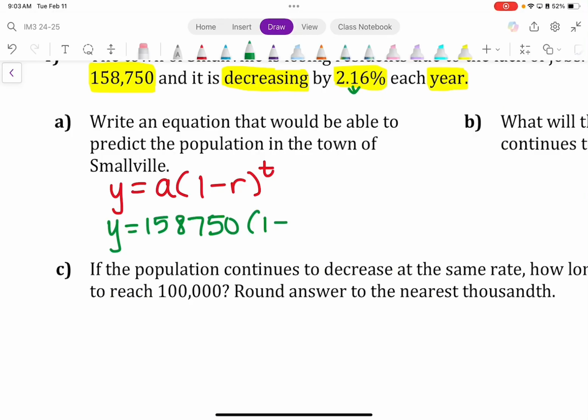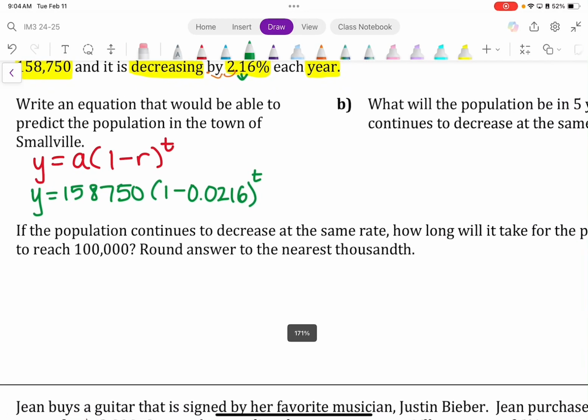To convert a percentage to a decimal, you are dividing by 100. What that means is you're moving your decimal place 2 times to the left. So 2.16% will become 0.0216. And then we don't have a time frame yet, so we're going to leave it as t. Okay. So that's our equation so far.